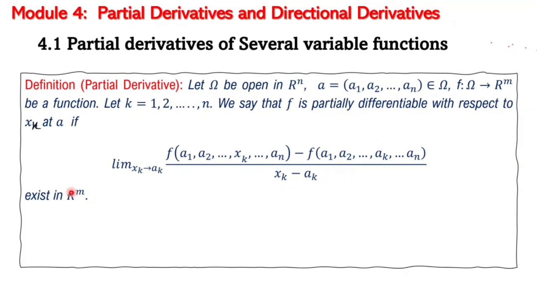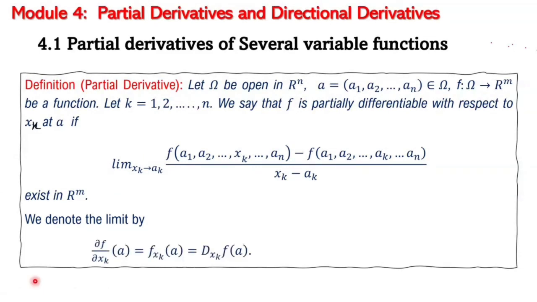This exists in R^m. So if this limit exists in R^m, because f is a function from R^n to R^m, so this f(a) and this point will go to R^m. Therefore, if this limit exists in R^m, then we say that f has a partial derivative with respect to xk, the kth variable.